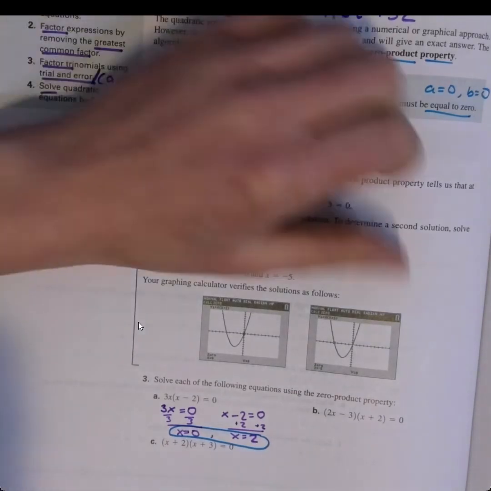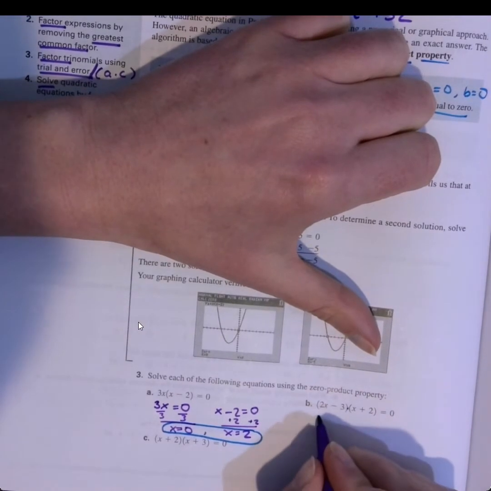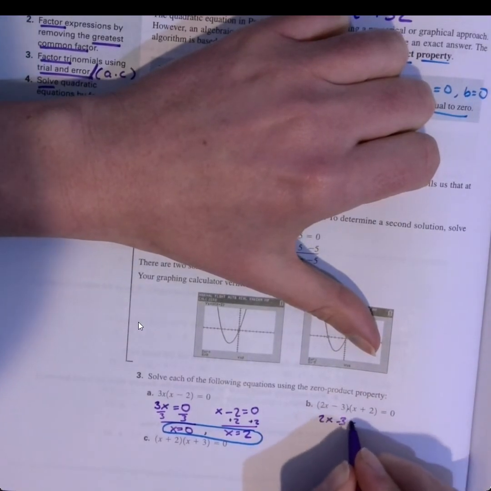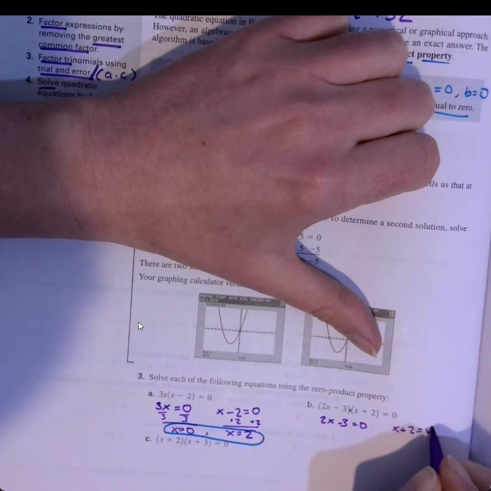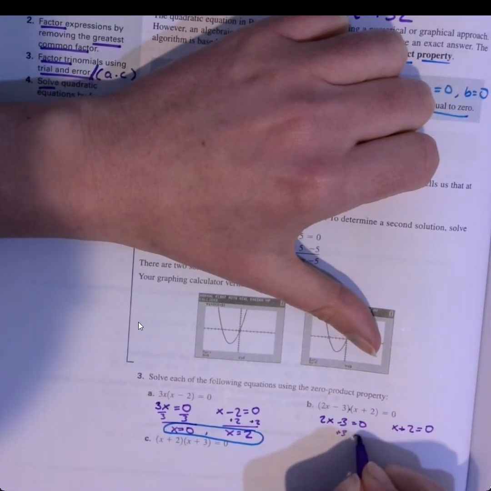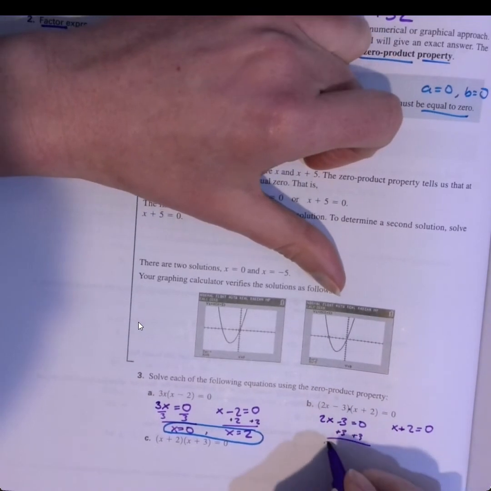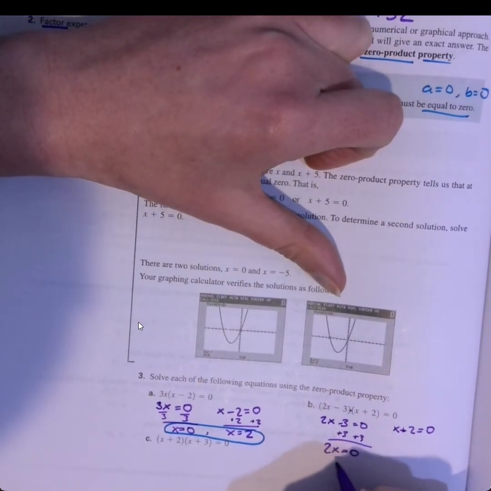All right, so we solve again. Again, there's a product here. So if 2x minus 3 is equal to 0, this whole thing is true, and if x plus 2 is equal to 0, this whole thing is true. These are both little linear terms, so I can add 3 to both sides. That's 2x equals 3.